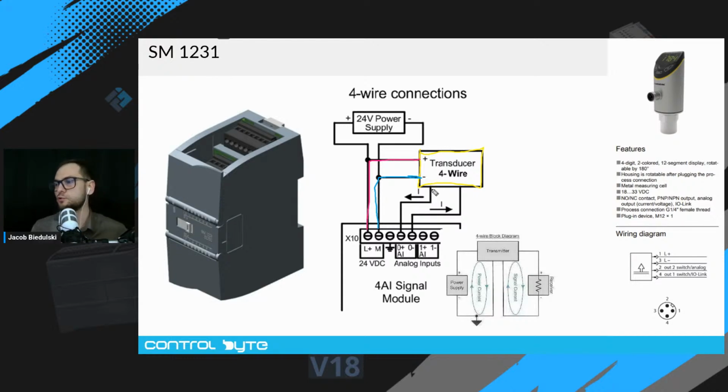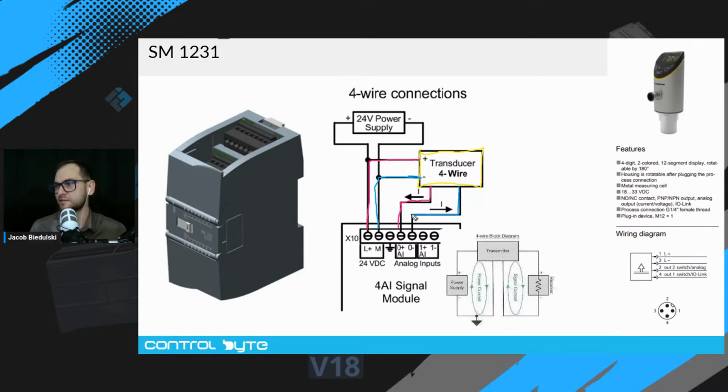And we have two wires as the output of the sensor. Sometimes there are not four wires, there will be three wires, okay? For our pressure sensor, there is, for example, only a three-wire connection possible, but sometimes there are four wires. So the output of the sensor has a differential signal that we connect to our analog module, okay?